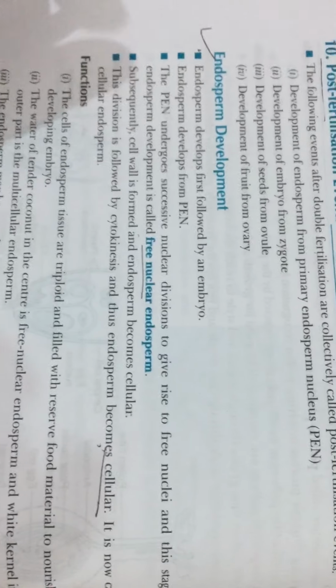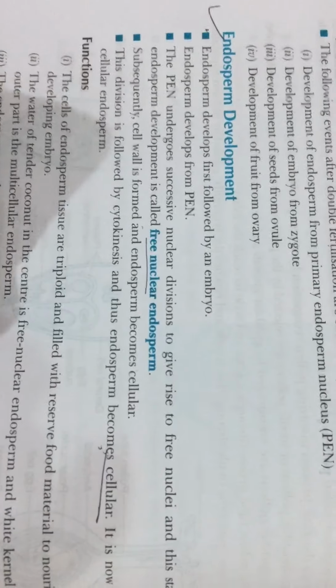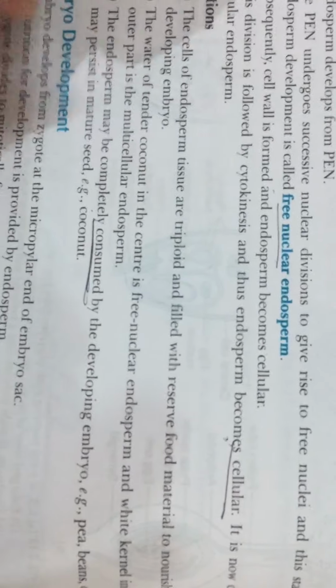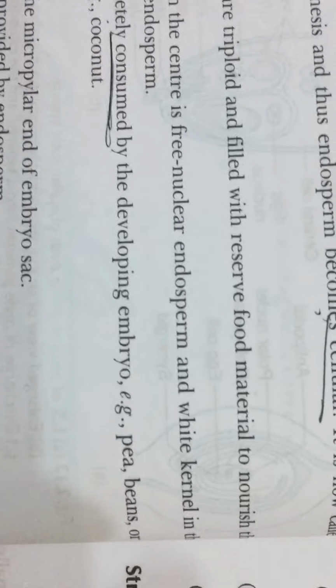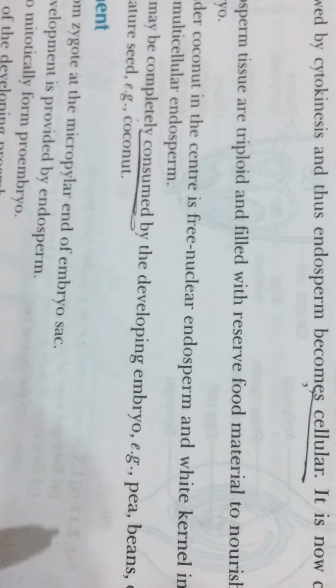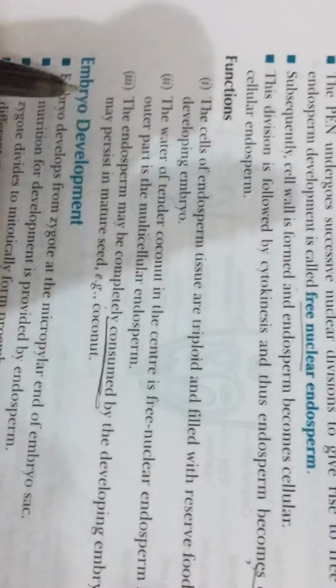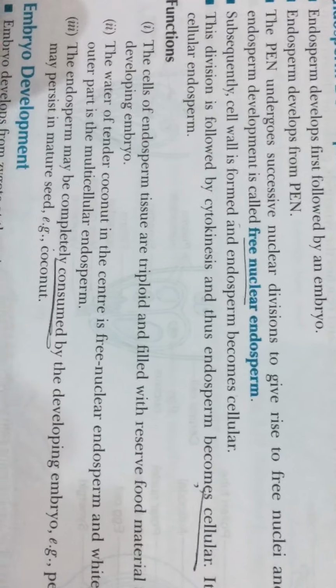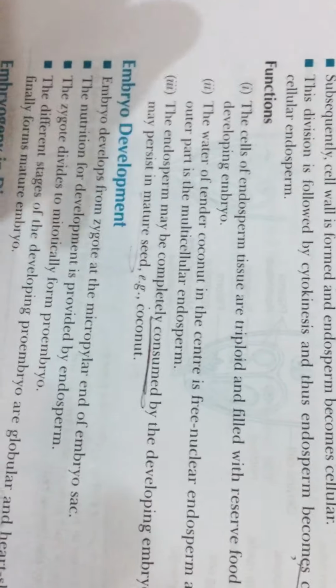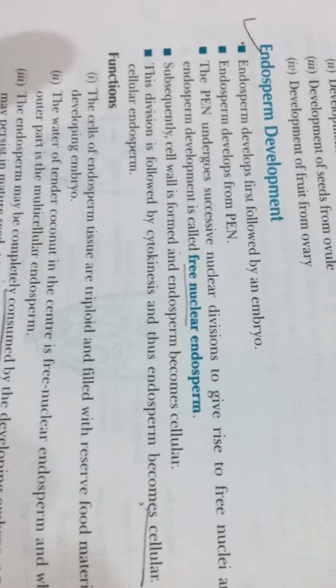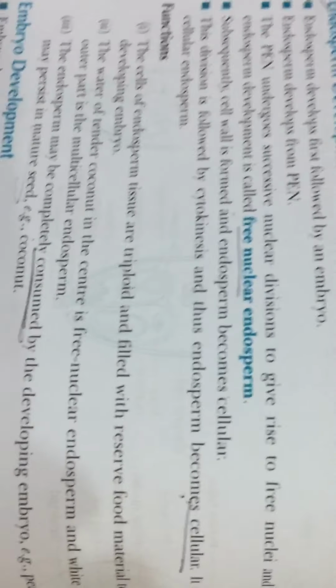On the other side, if the endosperm is consumed in the development of the embryo, such seeds are called non-endospermic or exalbuminous seeds. Examples are pea, groundnut, beans, etc. Sometimes in some seeds the remnants of the nucellus persist, and this residual persistent nucellus is called perisperm. Examples are black pepper and beet.